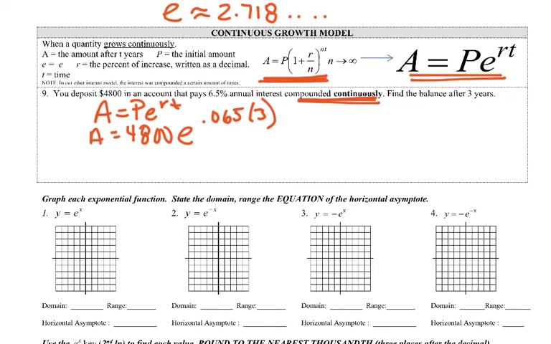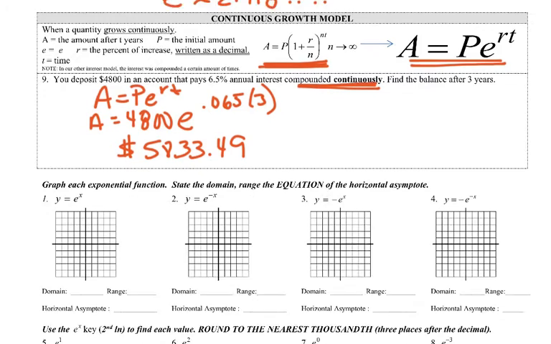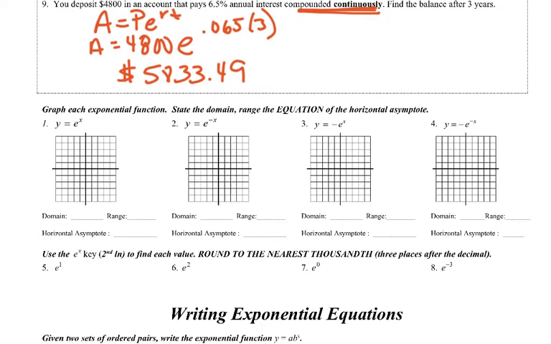And you can literally just type that in on your calculator, and you'll see that it turns out to be $5,833.49. Continuously compounded interest.